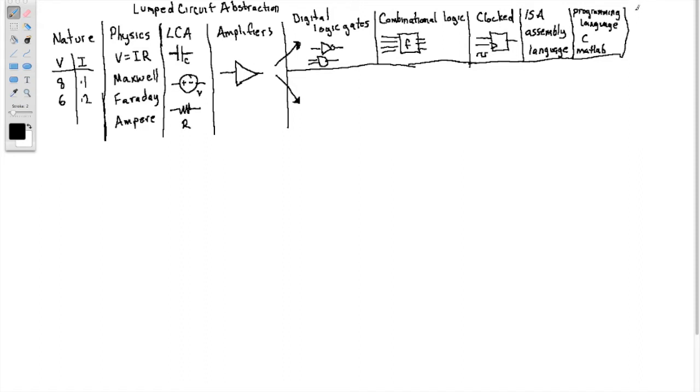Now you can also then, with your programming language, build upon that with software systems. This is like Linux or Unix or DOS, and so on.